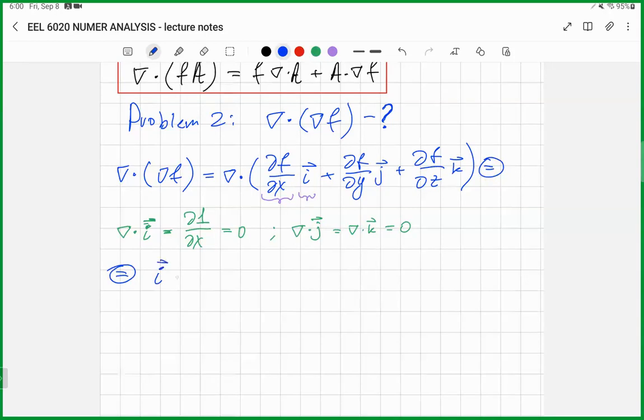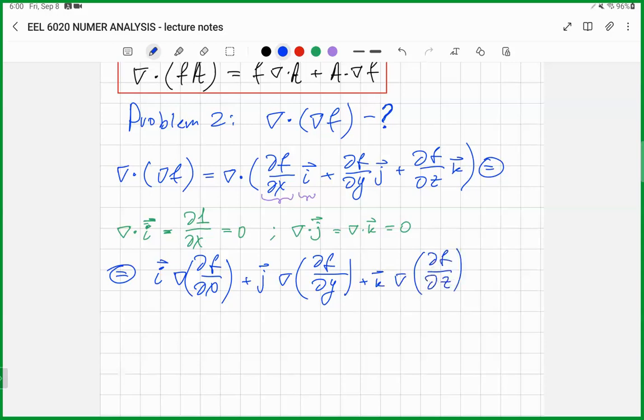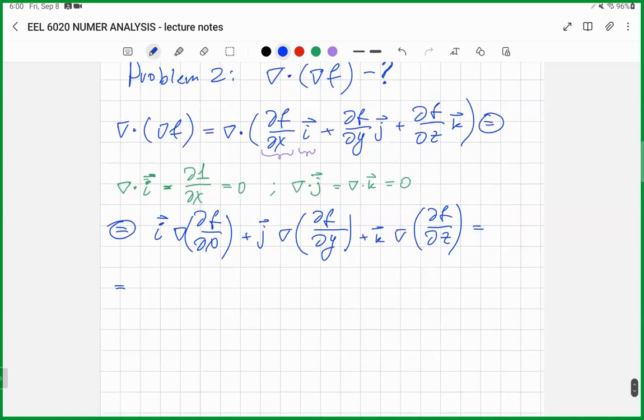So it's going to be i times nabla of df over dx, then plus j nabla of df over dy, and plus k nabla of df over dz.